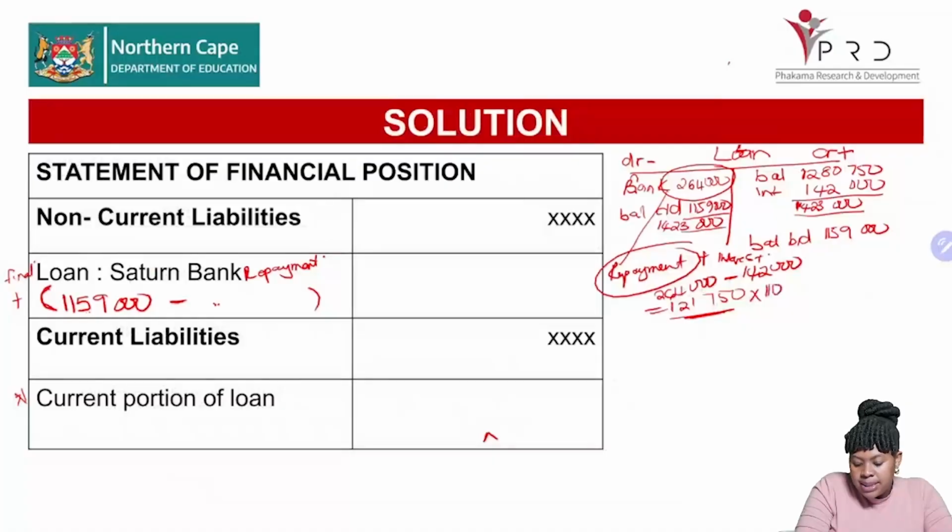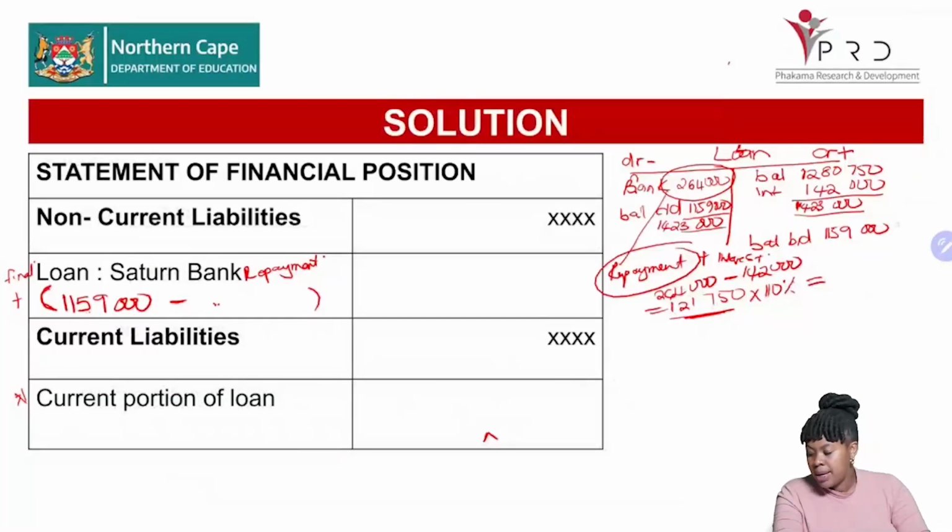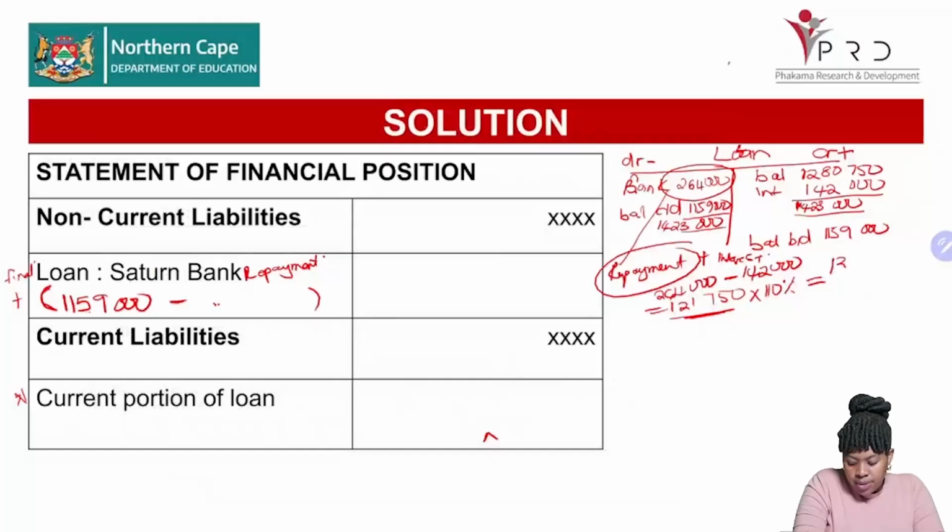So then my repayment of the previous year is increasing by 10%. So it is going to be the 100% that we were paying last year plus the 10% increment. That will give me 110%, and that will give me my repayment. How much is my repayment for the next financial year? Let's quickly press it: 121,750 multiplied by 110% gives me 133,925.